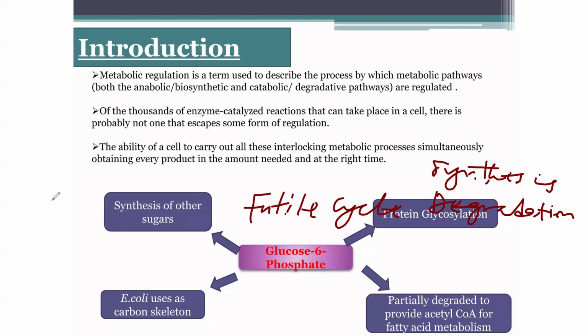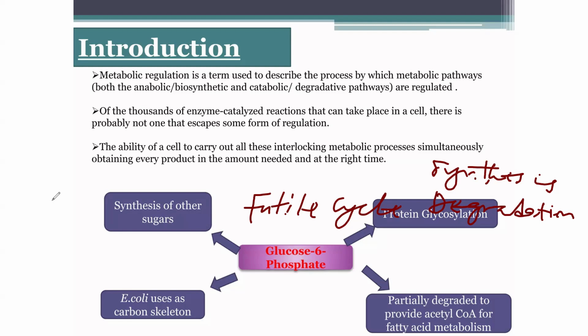So now, the ability of a cell to carry out all these interlocking metabolic processes simultaneously, obtaining every product in the amount needed and at the right time, that is metabolic regulation.